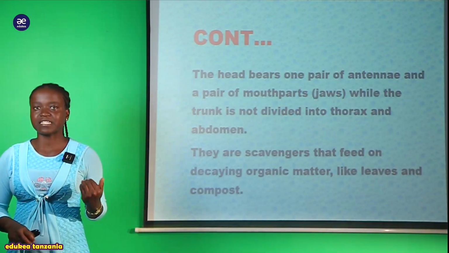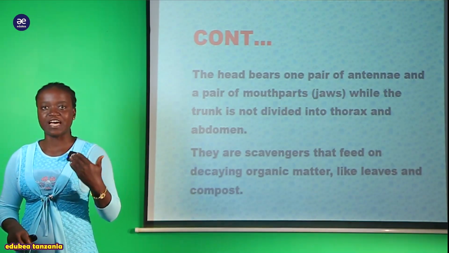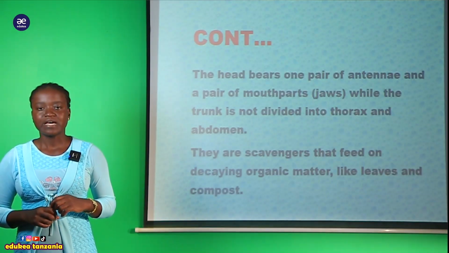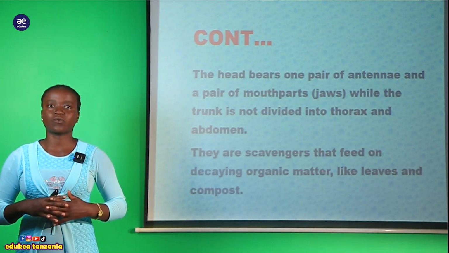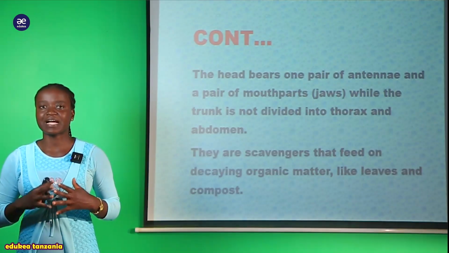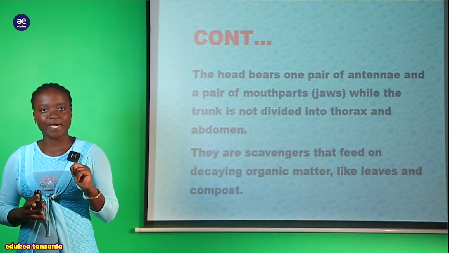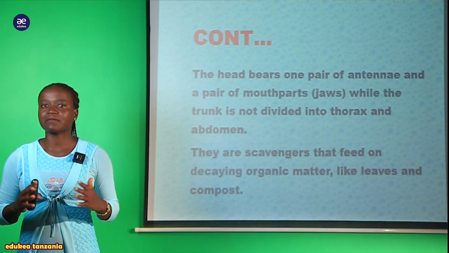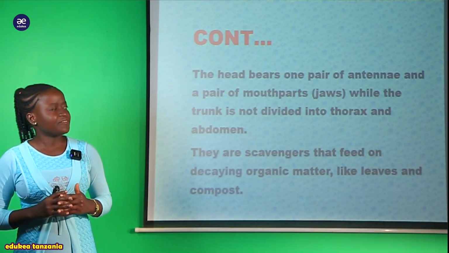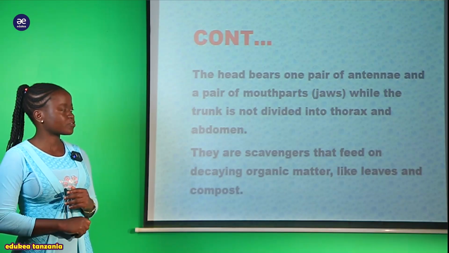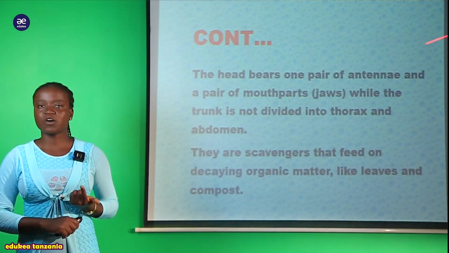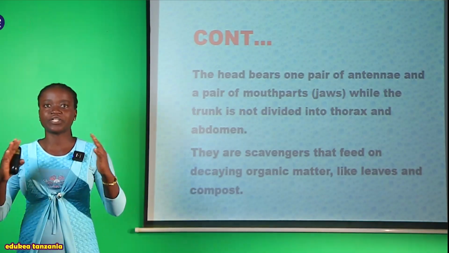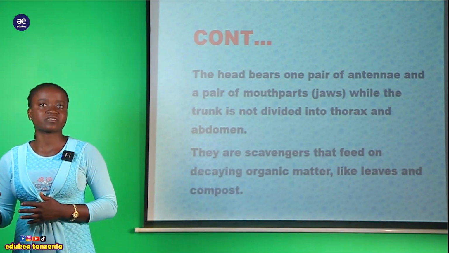And this one we can say is the most distinctive feature found in this class called Diplopoda. We said the organisms found in the subphylum called Uniramia obviously have antennae, and this organism, mainly the millipede, also has a pair of antennae. And not only that, this organism also has mouthparts, and the mouthparts contain jaws, while the trunk, the whole body, is not divided into thorax and abdomen.